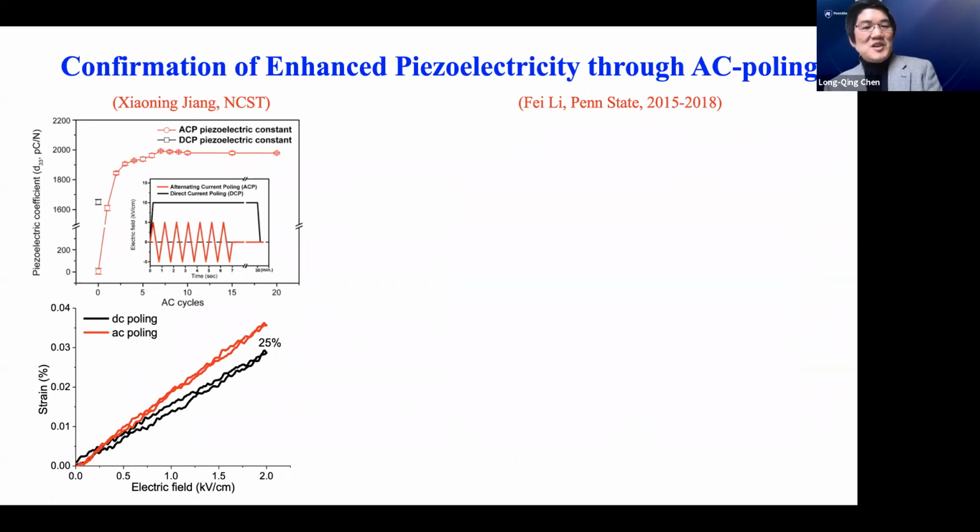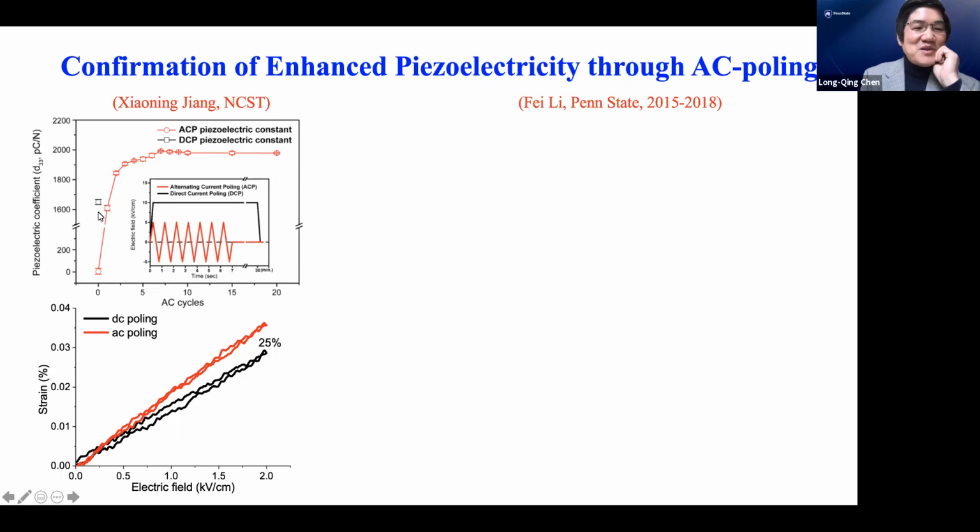Was trying to reproduce also the enhancement of piezoelectricity due to AC poling. So indeed, if you see the first figure, of course, if it's unpoled, then there's no piezoelectricity, even though it's a ferroelectric crystal, because the random orientation or the average polarization is 0 if you don't pole.